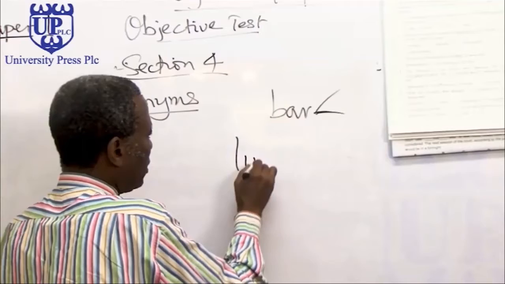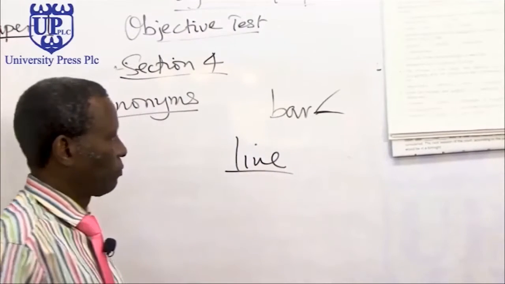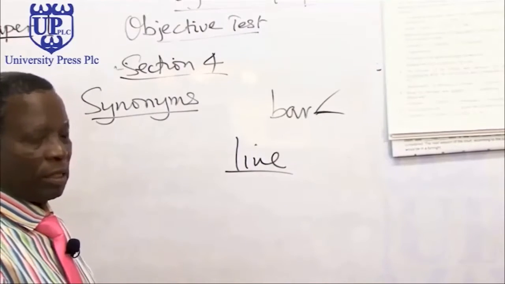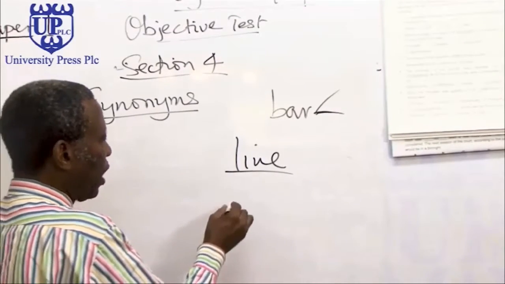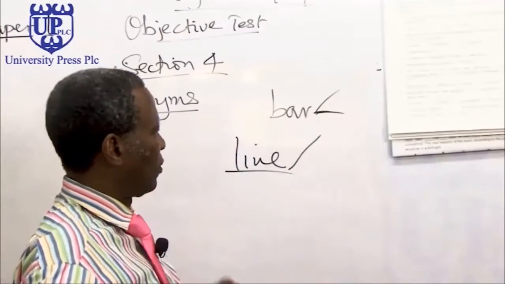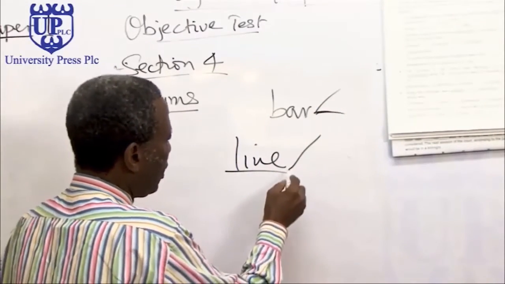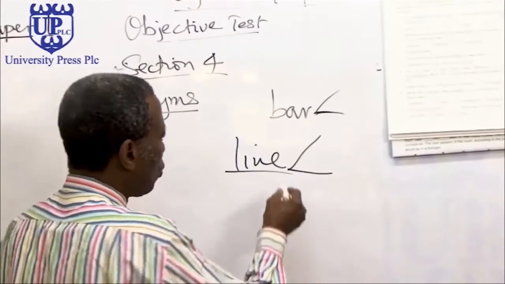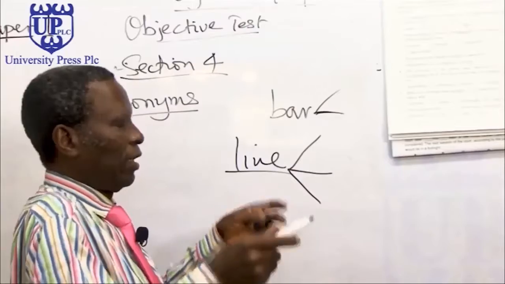Another one is line. Line as a noun can mean so many things, depending on who is speaking. To a housewife, line may mean the thing on which she spreads her clothes for drying. To a mathematician, line may mean the shortest distance between 2 points. To a soldier, it may mean a single file.